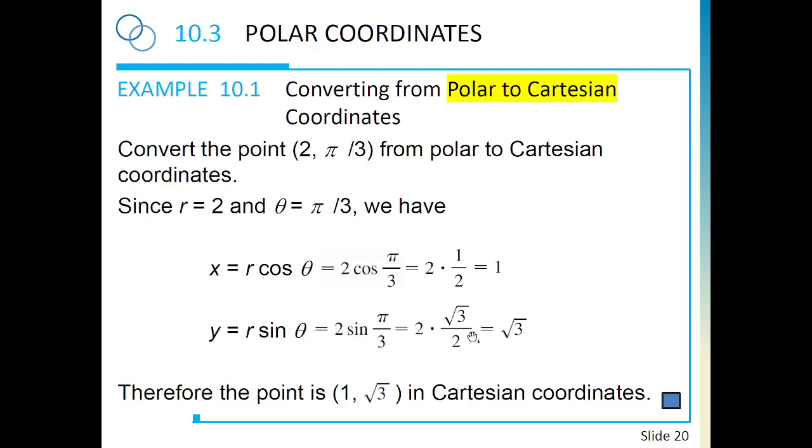So here x is 1, y is radical 3, so this is the point (1, radical 3) in Cartesian coordinates. Obviously we see also that this point is in the first quadrant, right? X is positive, y is positive, so point is in the first quadrant. By the way, we know it from here also. The distance from the origin to the point is 2, and angle is pi over 3. Pi over 3 is in the first quadrant.